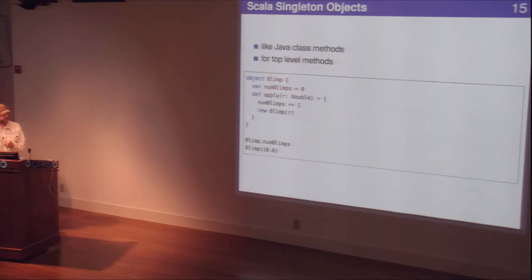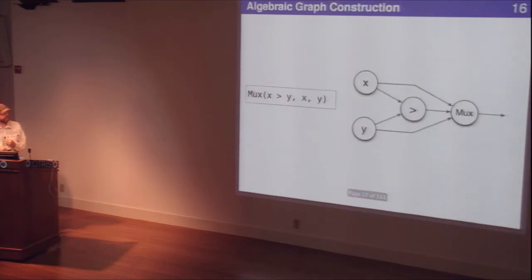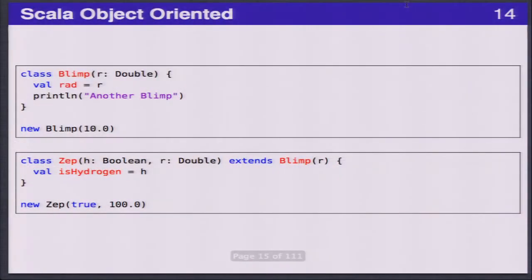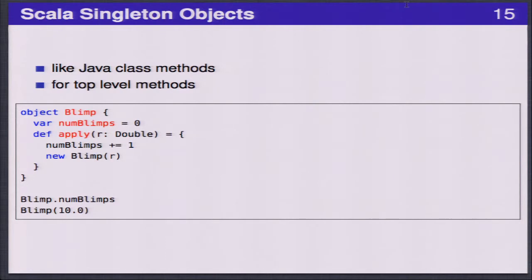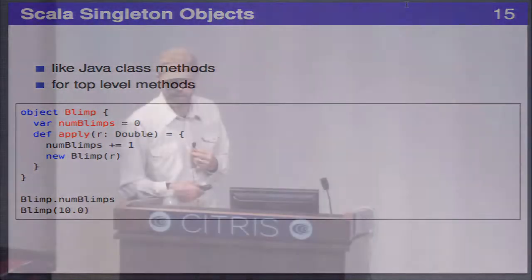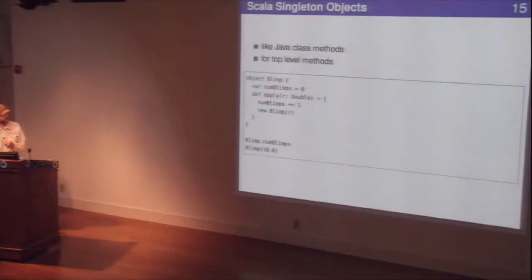If you put this in conjunction with a blimp class, then you can make a blimp factory, where it will count the number of blimps every time you make a new one, which you might want to do. If I understand correctly, this code you're showing on the screen wouldn't work unless you previously had class blimp. That's right, yeah.